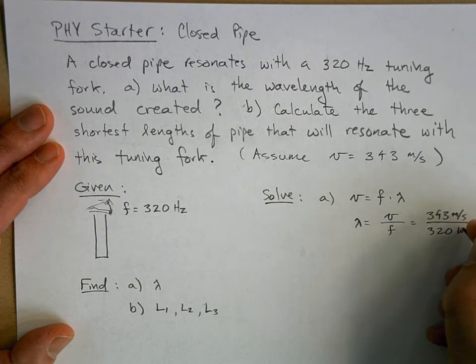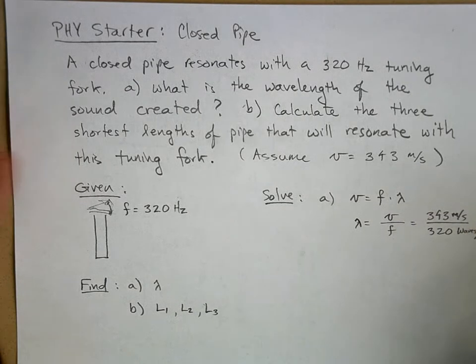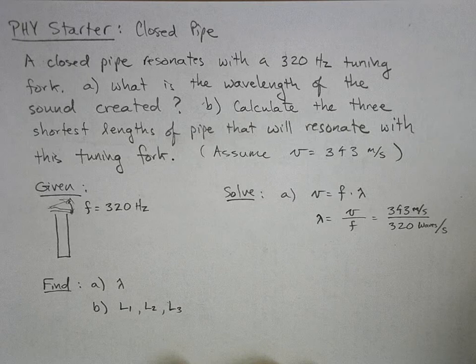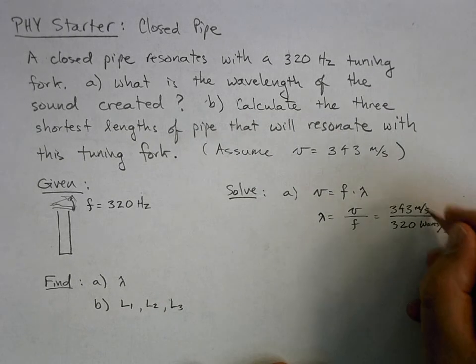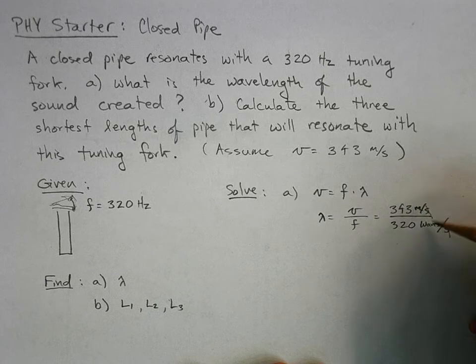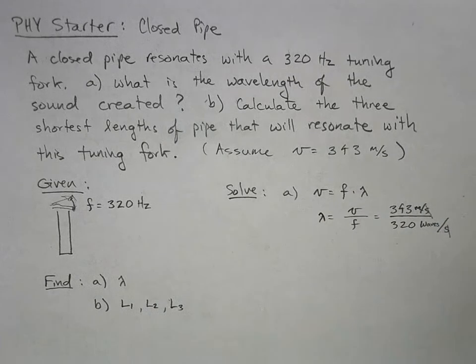Now hertz is waves per second. And I like to show the units on here, waves per second, because you can see that the per seconds cancel out, and you're left with meters per wave. Now a wave, the counting number of waves, that's not a dimension.